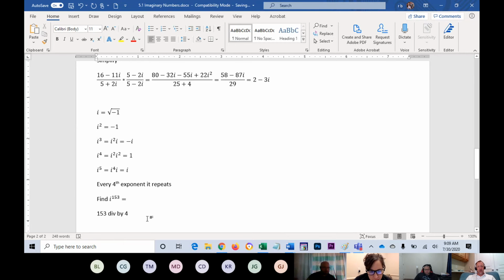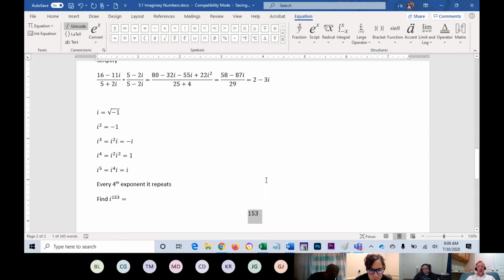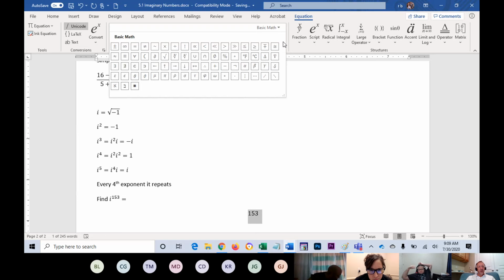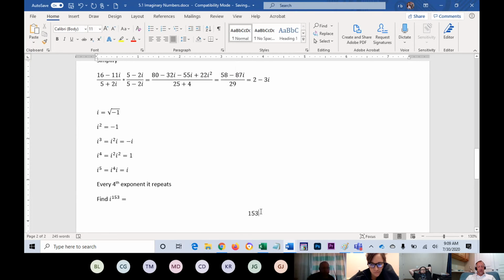Now we're going to have to do this longhand. So 153 divided by 4.